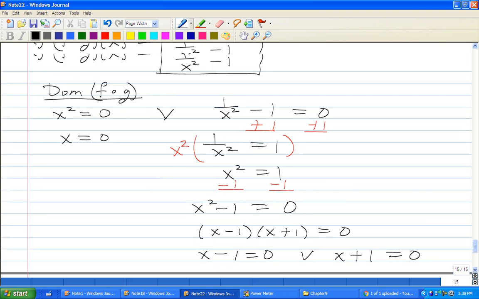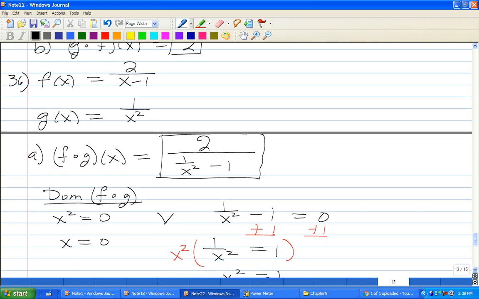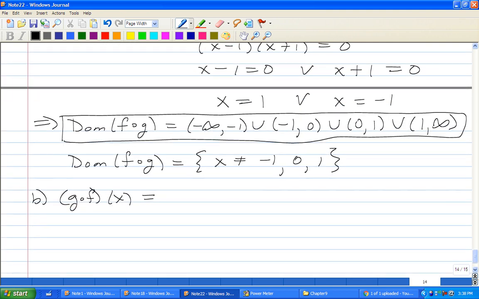Okay, so g is 1 over x squared, and f is 2 over x minus 1. So this is 1 over x squared. Okay, so let's try to find the domain of this.